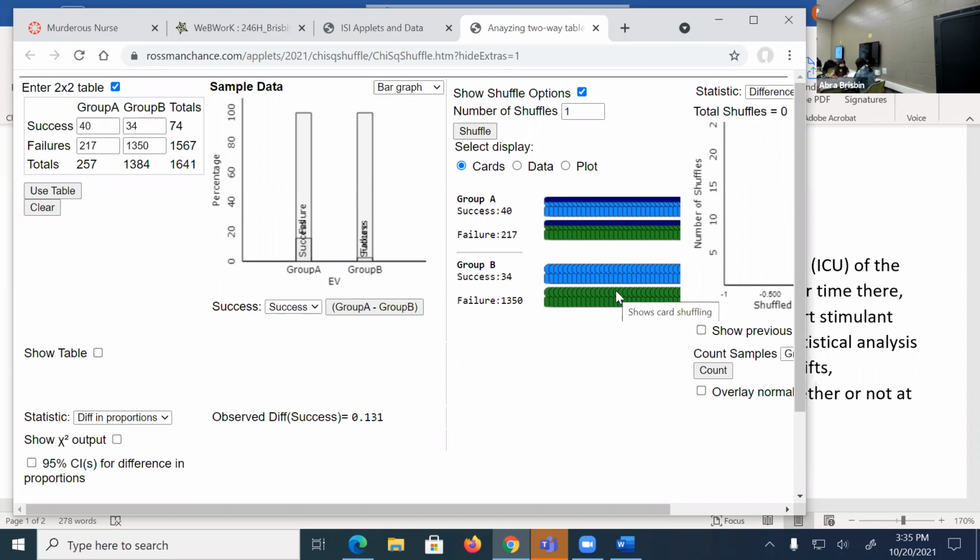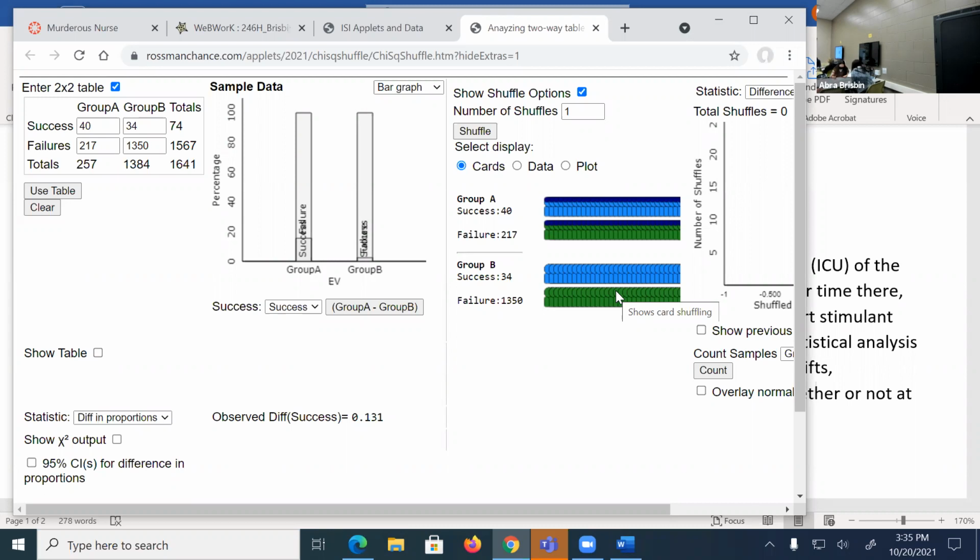So in total, there's still 74 blue cards. And your cards represent... shuffling up the cards and dealing into two piles, you're randomizing when the deaths happen.